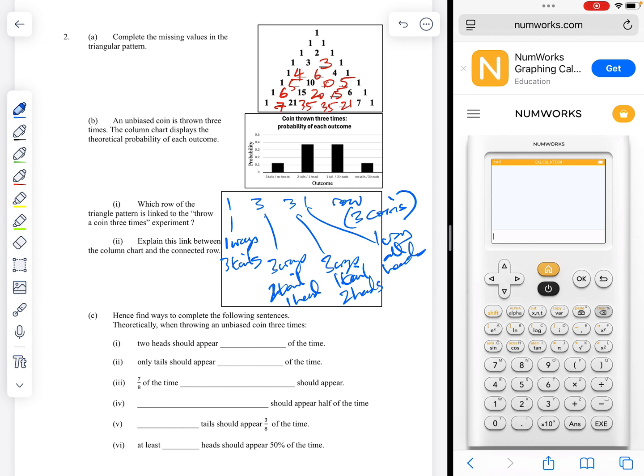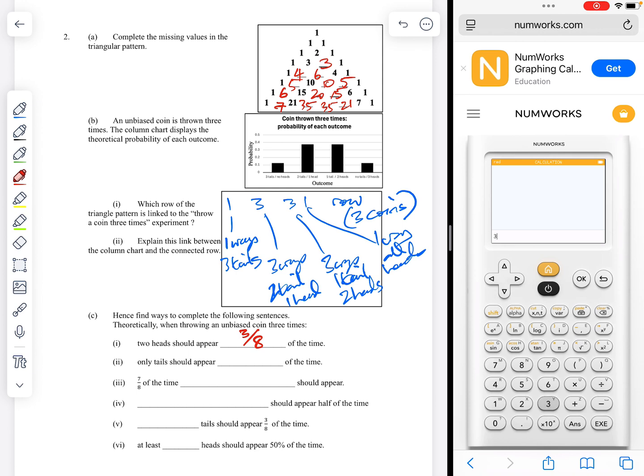Part C, hence, so we're going to use this work that we've just done to complete the following sentences. Theoretically, when throwing an unbiased coin 3 times, part 1, 2 heads should appear how much of the time? Well, 2 heads is this one, it's this 3, so it's going to be 3/8 of the time that we would get 2 heads.